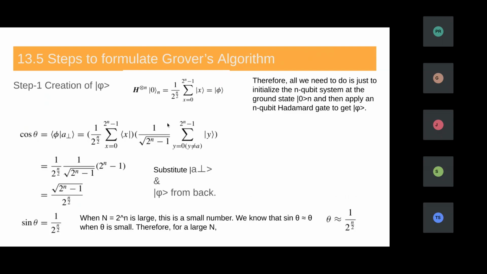For this we can simplify, and ultimately it comes out to nothing but 1 by 2 raised to n by 2, this combination. You can see that root 2 n by, they divide. So what happens is, this is just a multiplication. So you have got ket x and ket y, ket y and ket x.